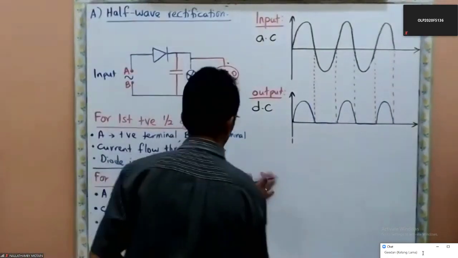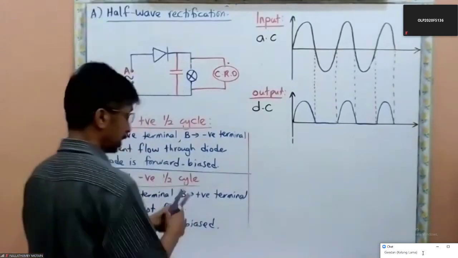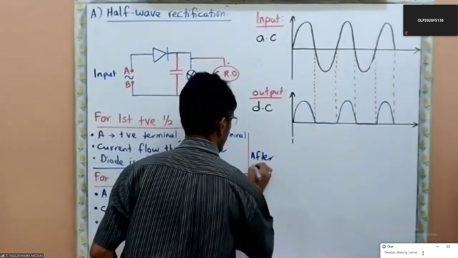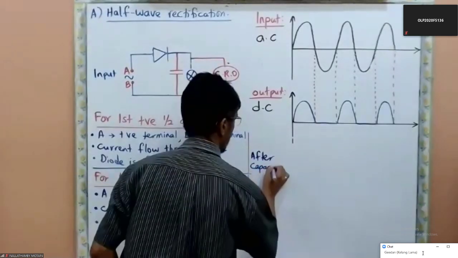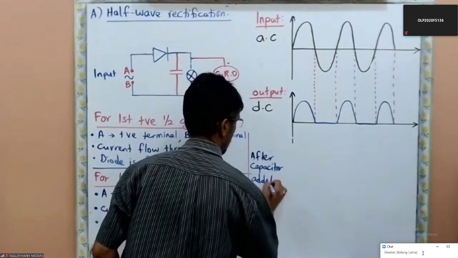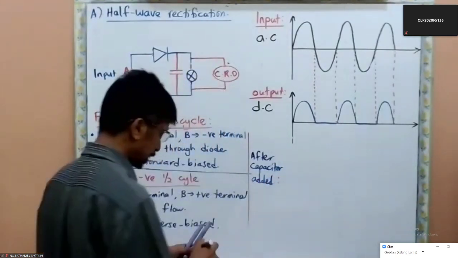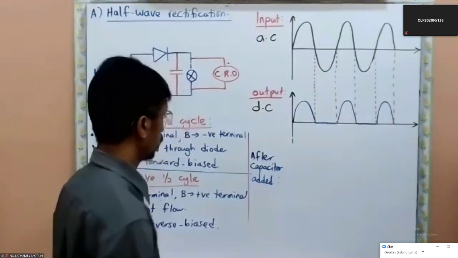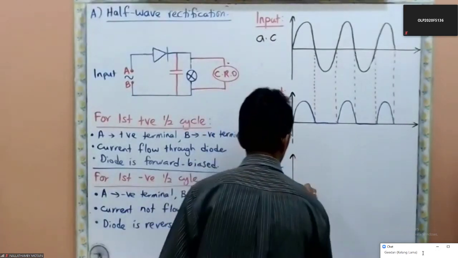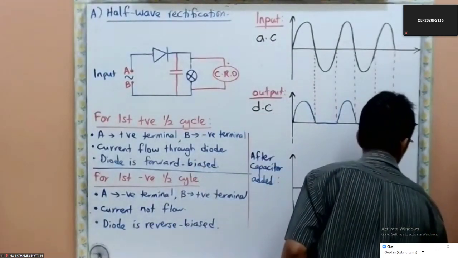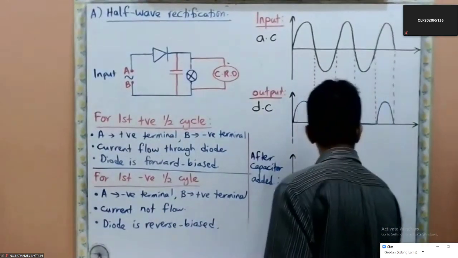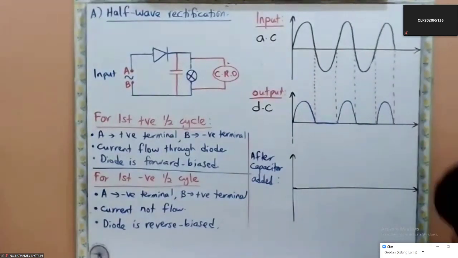After the capacitor is added, how about the output? Let's check. Also, you must know how to draw this. Before you add the capacitor, you will see half wave rectification.